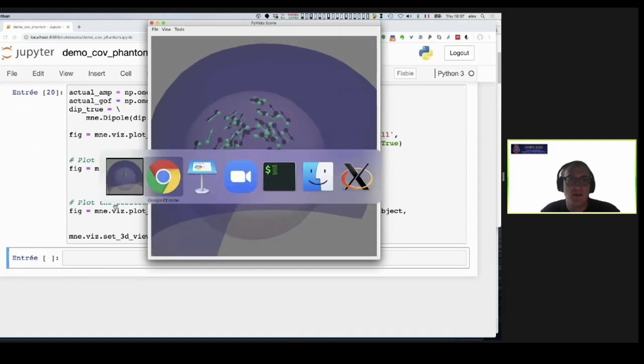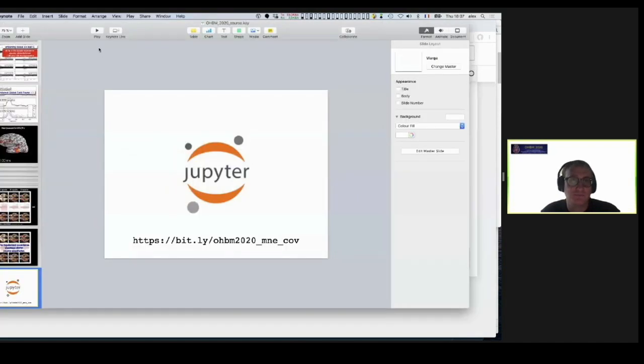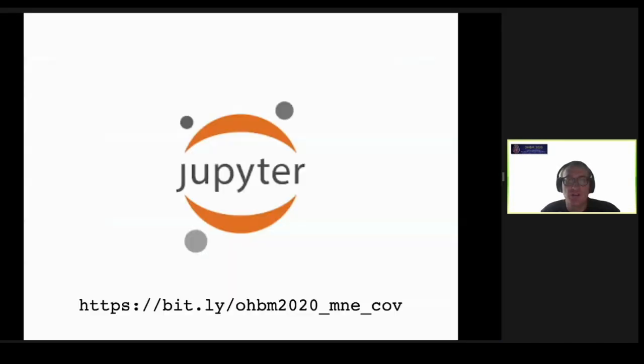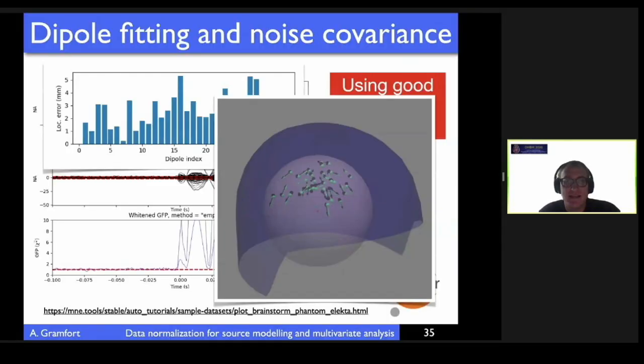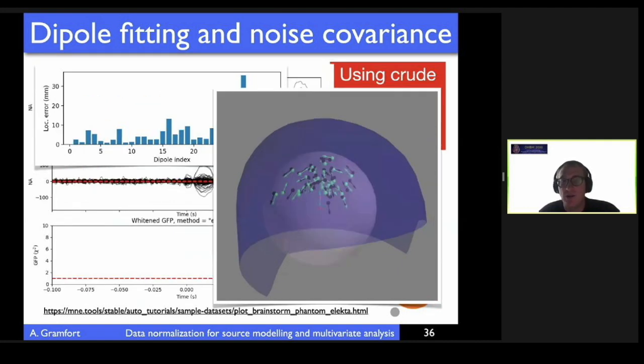All right, now let me go back to my slides, and I'm going to conclude. What I just showed you is this example with phantom data, where we had small errors with the proper covariance. And now if we use an improper covariance structure, an improper normalization of the multivariate data, then things are much worse.